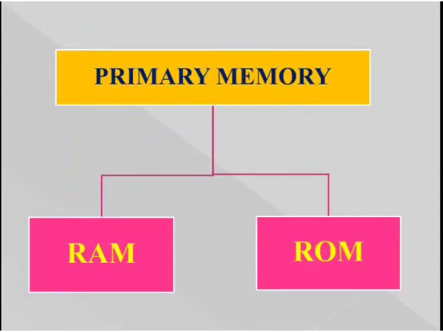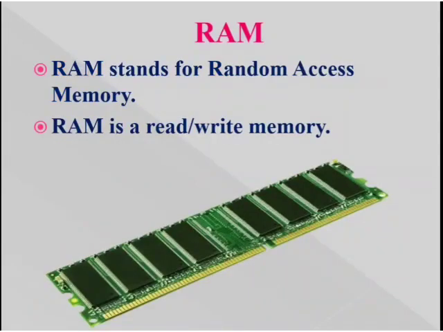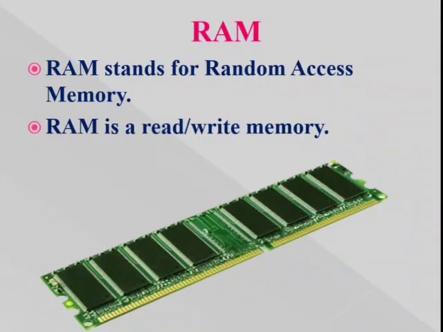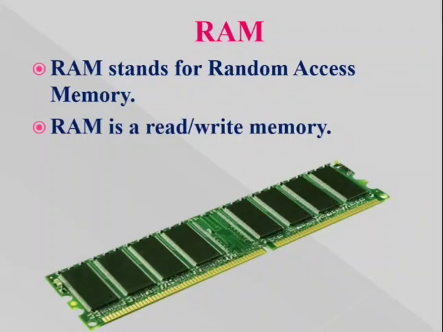The primary memory can be divided into two parts, RAM and ROM. First, RAM. RAM stands for Random Access Memory. It is a read-write memory, means data and instructions हम लोग write भी कर सकते हैं and read भी कर सकते हैं.